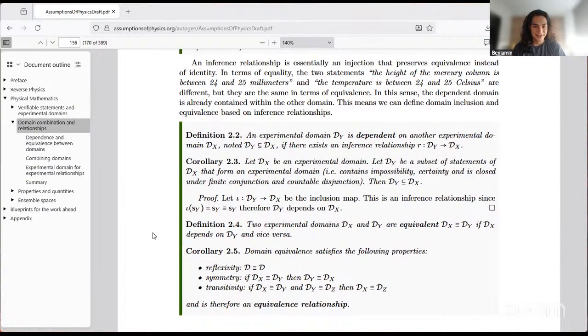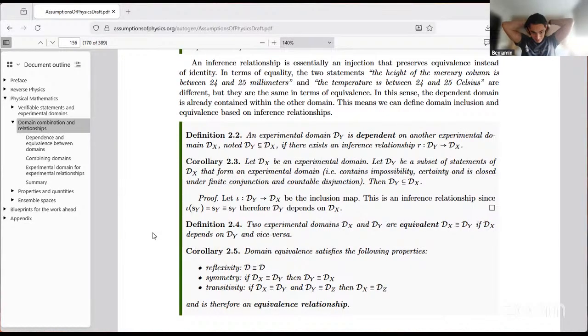Corollary. Let d_x be an experimental domain, and let d_y be a subset of the statements of d_x that form an experimental domain, i.e. contains a possibility, certainty, and is closed under finite conjunction and countable disjunction. Then d_y is a subset of, or is dependent on, d_x. Proof.